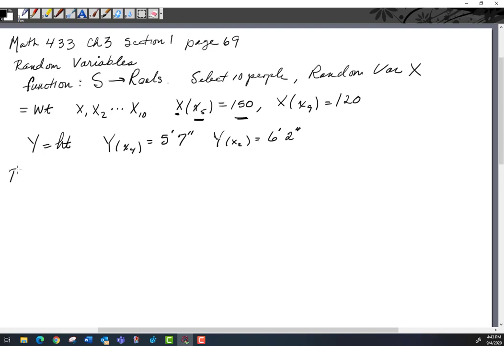Now if I take a random variable with the values it can take, and the probabilities that it takes those values, then I've got a probability distribution.